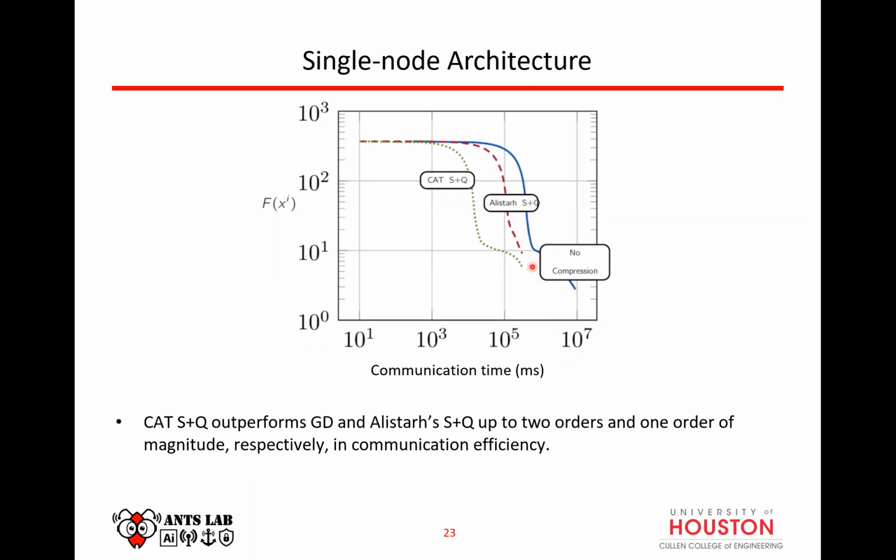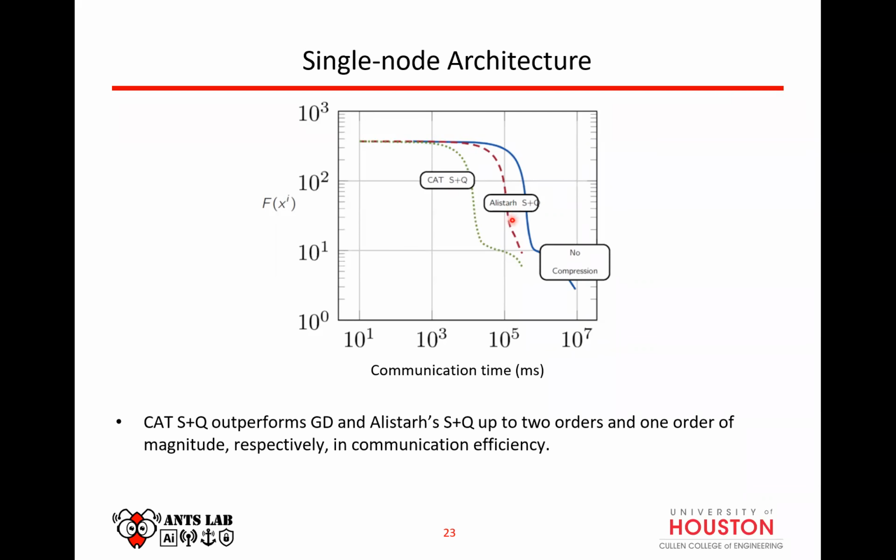So did they compare with any kind of adaptive sparsification and quantization scheme? No, not with any adaptive ones, but Alistar is more dynamic. They choose different values based on the dynamic setting in your iterations. So I think that's why it is very close to that. They don't have a fixed level.